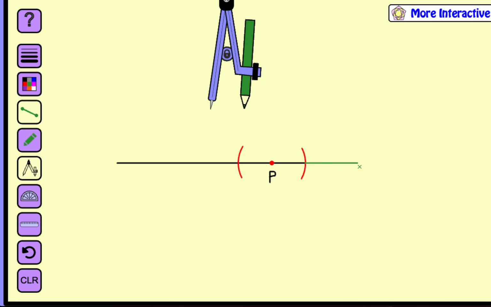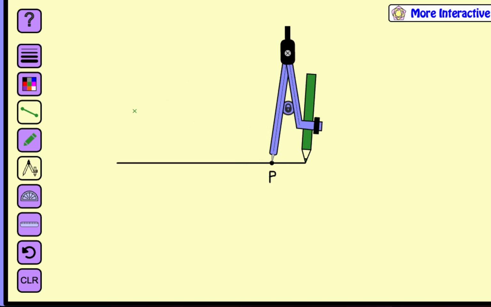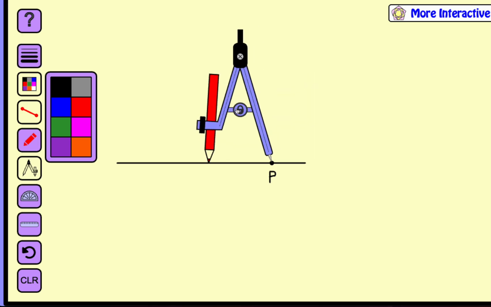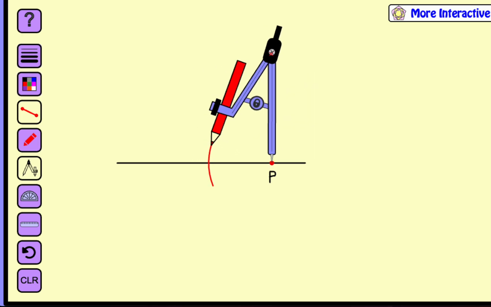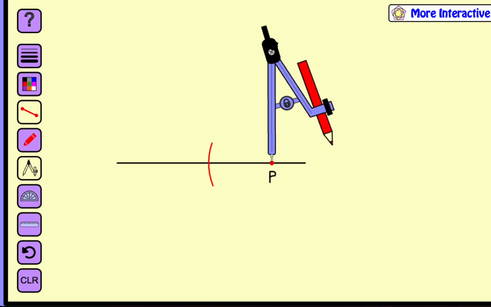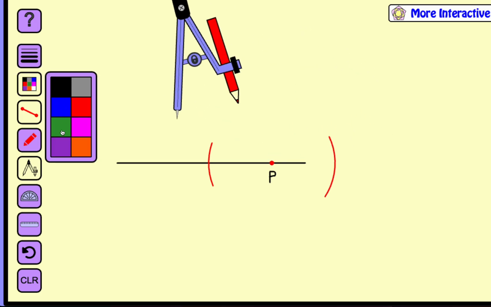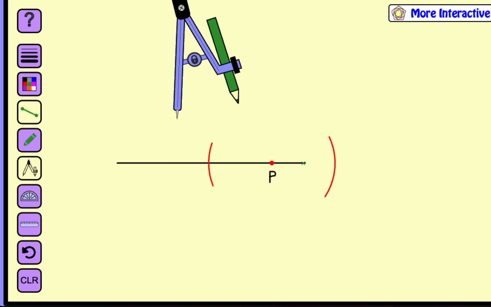You can always extend the line that you're given so that your reference arc can touch your line. If you made your reference arc a little bit smaller or wider, it would intersect here, and then when you go to make it on the other side, you would have an issue. You're like, oh no, it doesn't intersect. No worries. All you need to do is take your straight edge and extend your line, and then you're good.